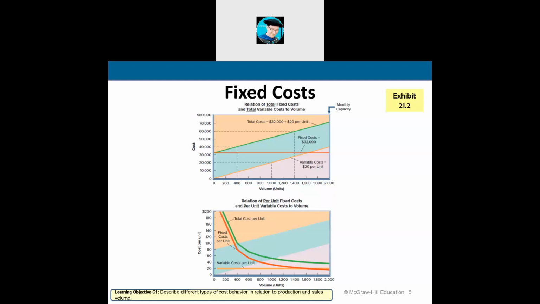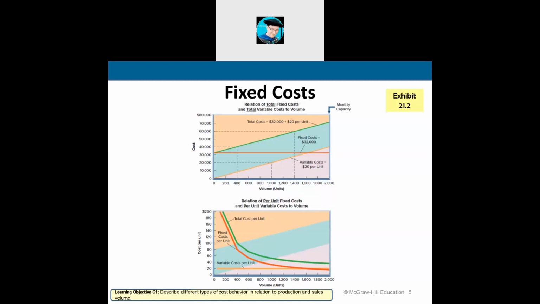Now take a look at that chart at the top there. See that green line? That green line represents the total costs. Total costs are fixed costs plus variable costs per unit. According to the break-even part, we need to be able to cover our fixed and variable costs. That's how we break even.